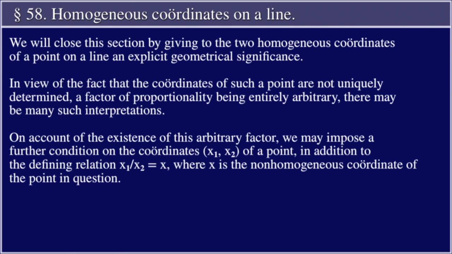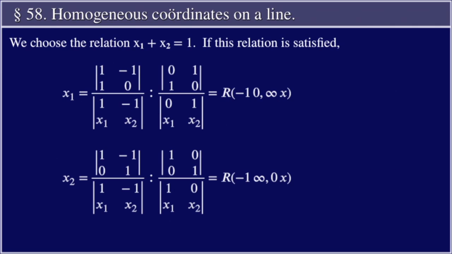On account of the existence of this arbitrary factor, we may impose a further condition on the coordinates x1, x2 of a point. In addition to the defining relation x1 divided by x2 is equal to x, where x is the non-homogeneous coordinate of the point in question, we choose the relation x1 plus x2 equal to 1.